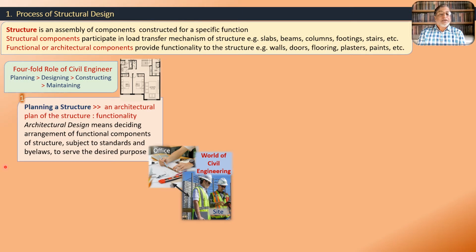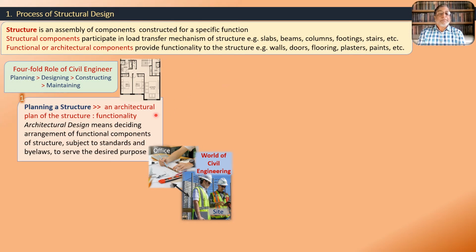The architectural design also has to take care of the rules and bylaws of the government or the corporation in which the structure is going to be designed, and it has to finally focus on the desired purpose of the structure. So this is the first step, that an architectural plan of the structure based on its functionality, subject to standards and bylaws, is prepared in the step of planning.